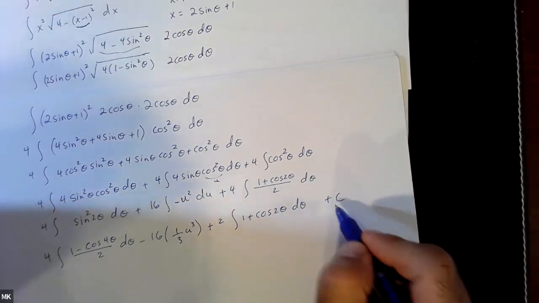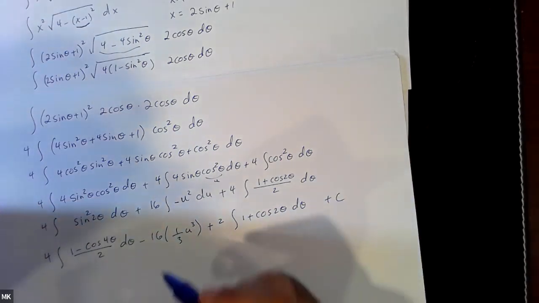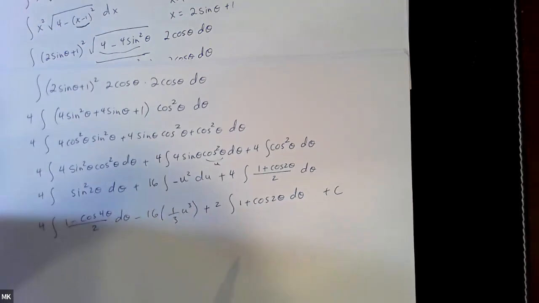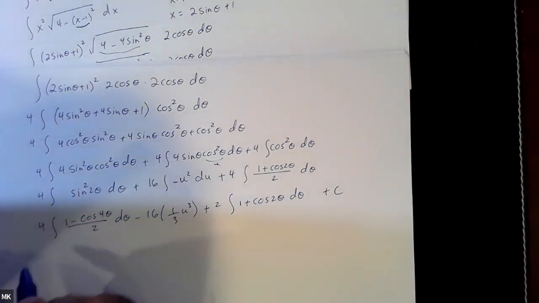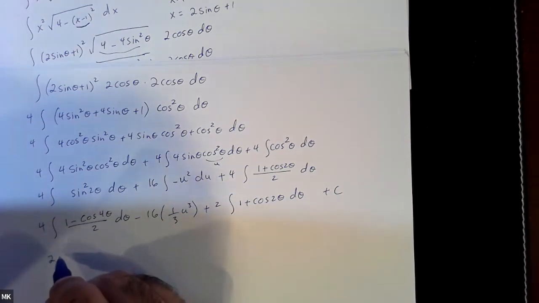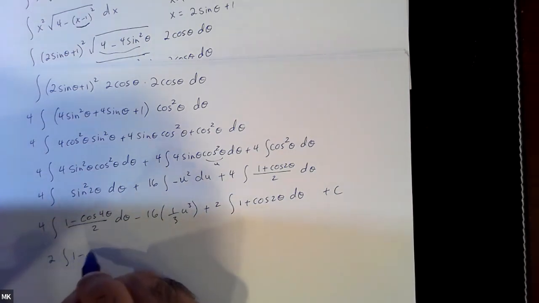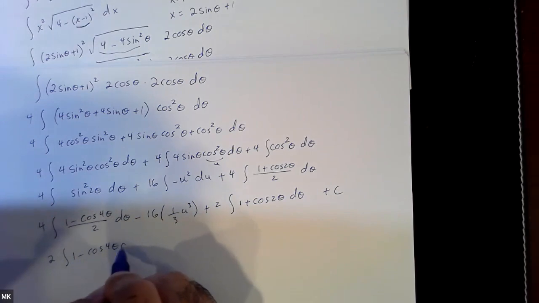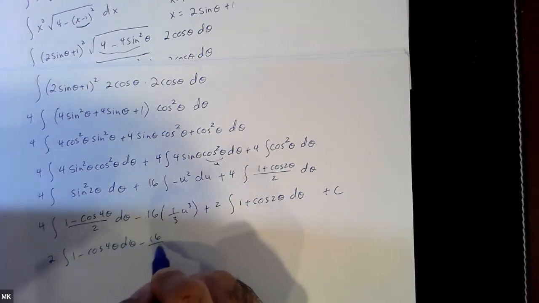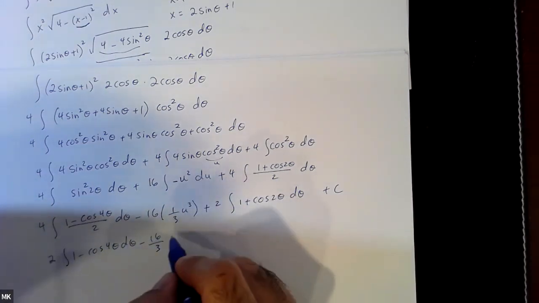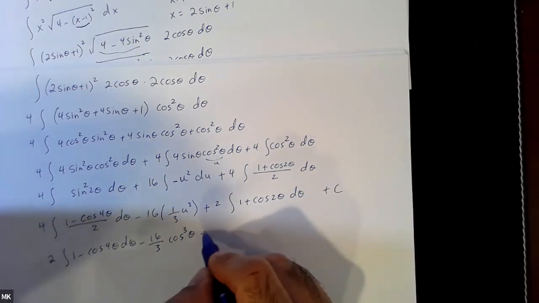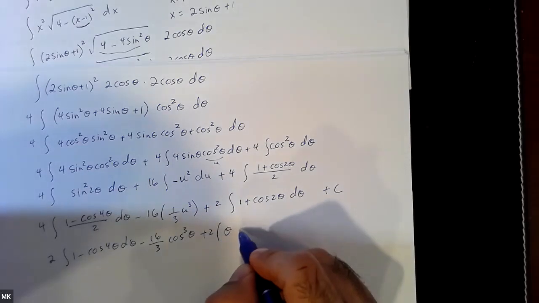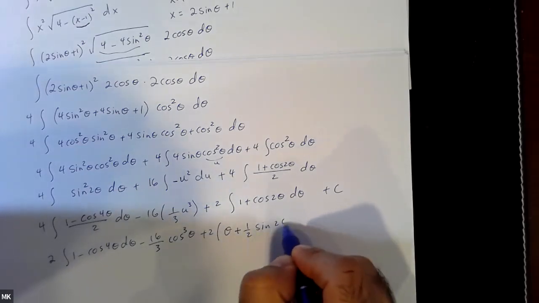There's a plus c. I can say plus c1 and plus c2 and then change it, but I think we can just get away with altering c as we go. So I get 2, 1 minus cosine of 4 theta d theta, minus 16 thirds. Remember, u was cosine cubed theta, plus 2 theta, plus 1/2 sine 2 theta.